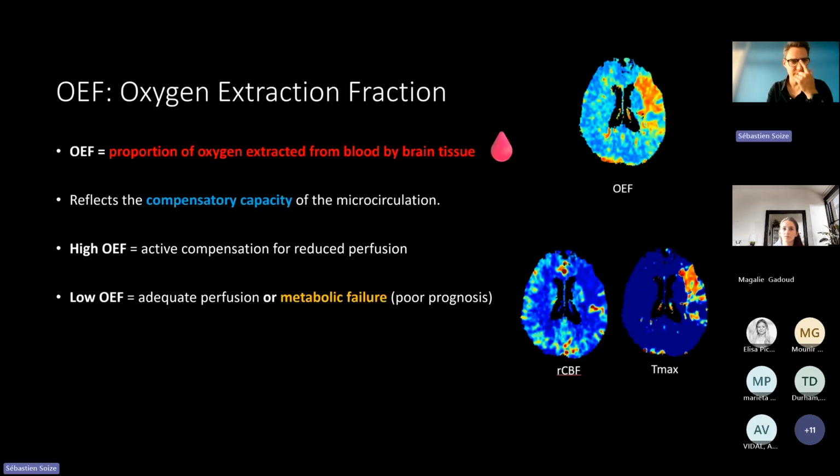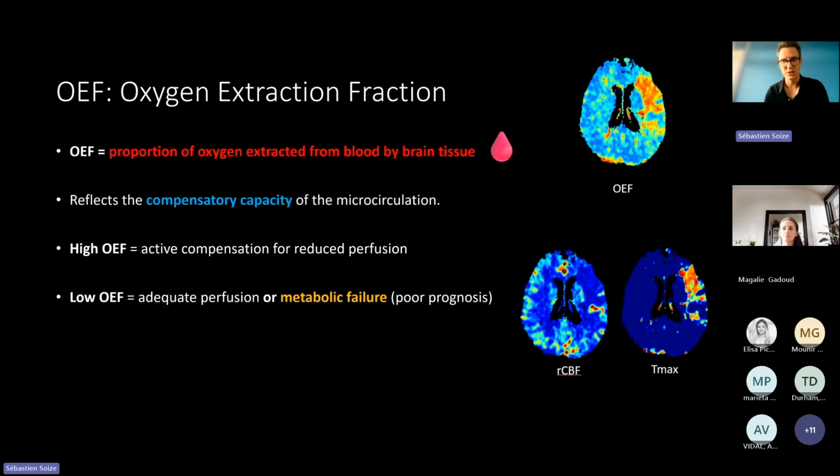The second parameter is oxygen extraction fraction, which is the oxygen that is extracted from the blood to perfuse your tissue. So this really reflects your actual compensation. At the beginning of your stroke, your neurons try to survive and try to extract, meaning you have a low CBF and a low CMRO2.